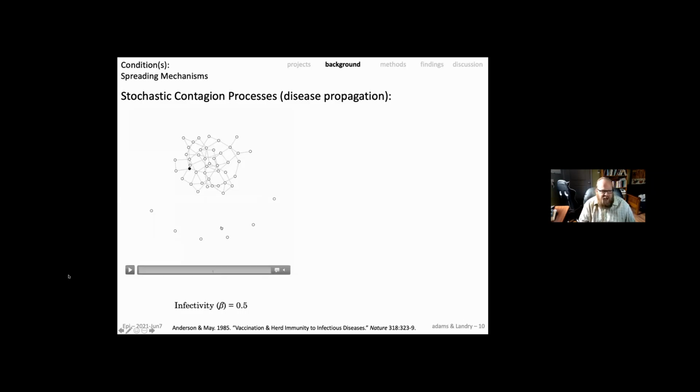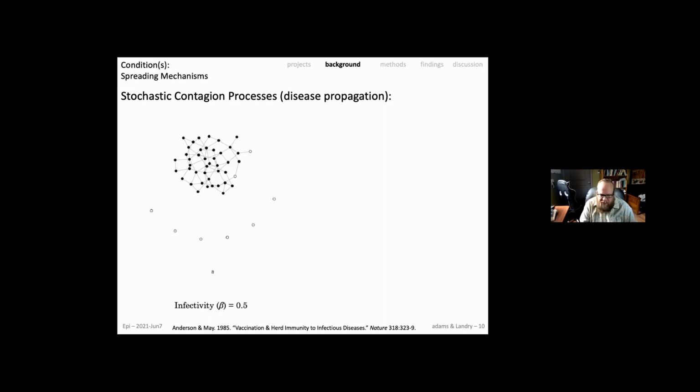And we then ask, given some probability of infectivity, so this is saying for every person that is connected to that infected person, they have a 50% probability at each time step of becoming infected. Right? That's what the beta tells us. And so we can simulate this and just watch the diffusion happen through the population. And with infectivity of 0.5, this is going to happen really quickly.